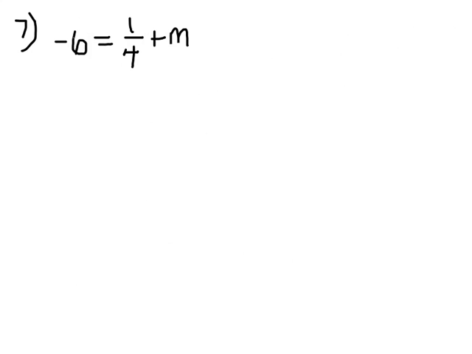In order to solve this equation, we'll need to isolate our m by getting rid of this 1/4. In order to do that, we will be subtracting 1/4. Really, we have a positive 1/4 plus m. We could rewrite that as m plus 1/4. So really, it's addition right there. And so we'll be subtracting 1/4 on both sides of our equal sign.